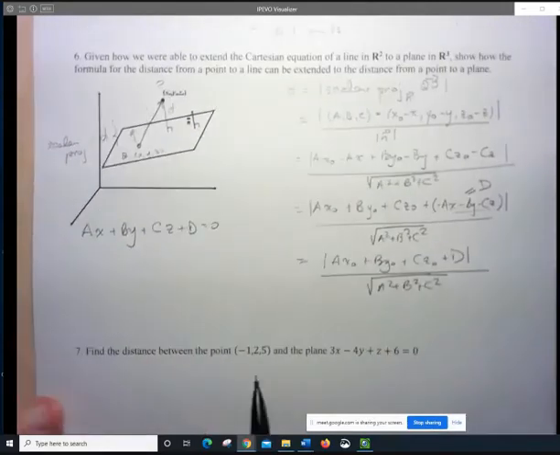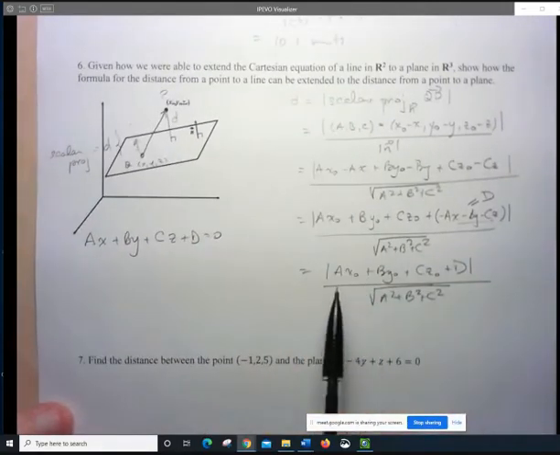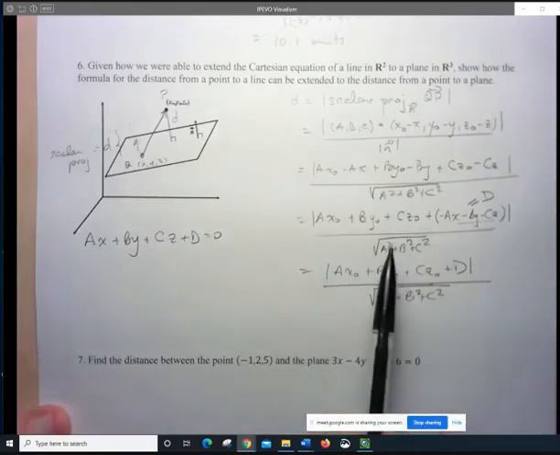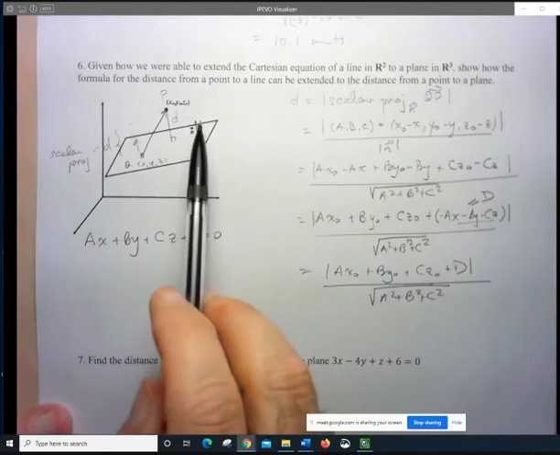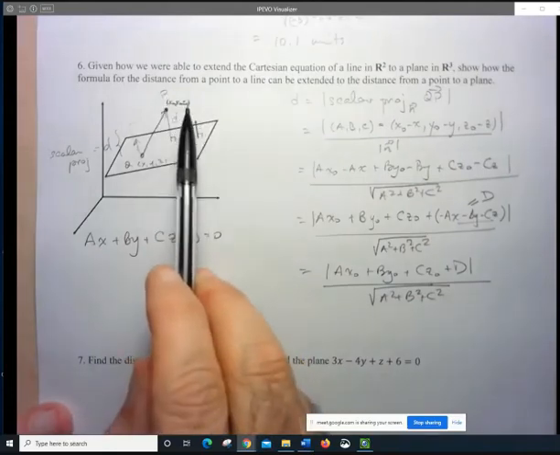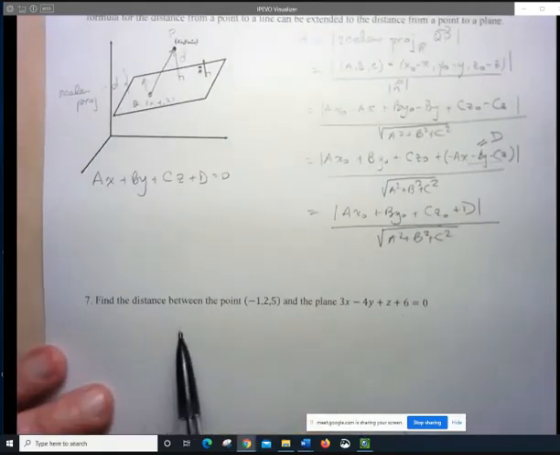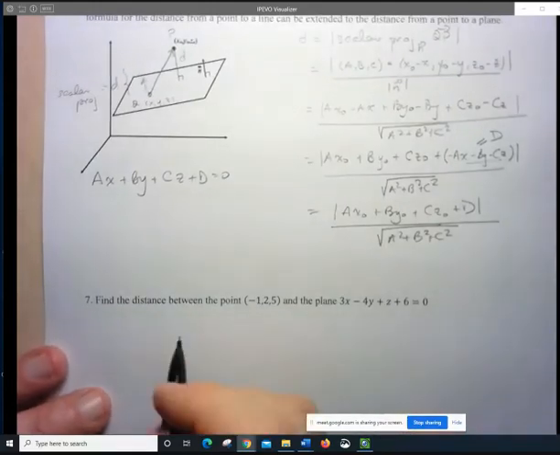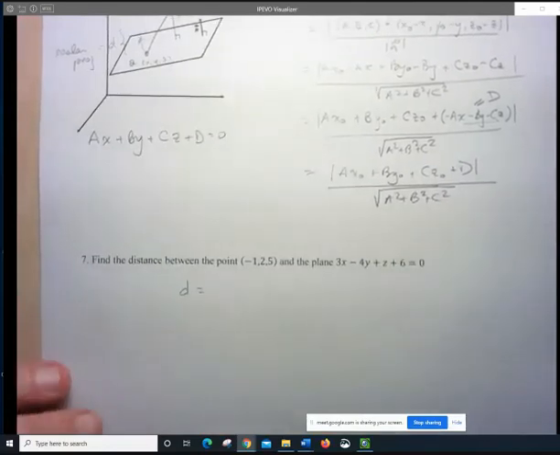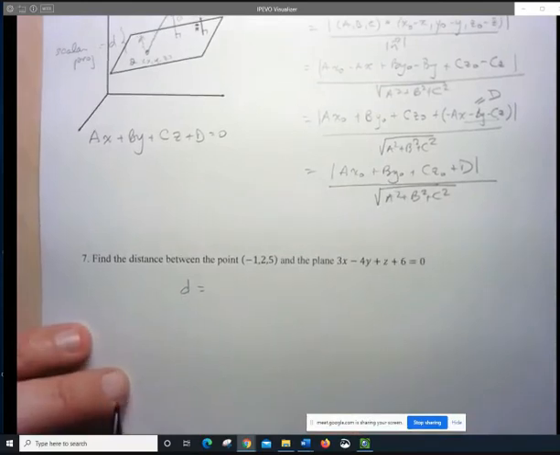What's nice about what we did is that we did all this work not considering a specific plane, a specific normal vector, a specific point, meaning that now it's just a matter of applying this formula. So now when I'm looking for the distance between a point and a plane, there's no geometry to consider. I can work purely algebraically with this formula.